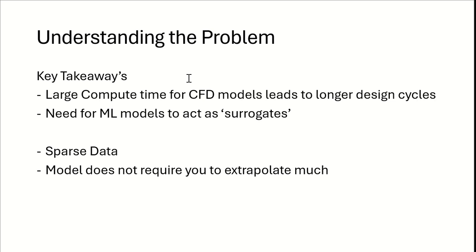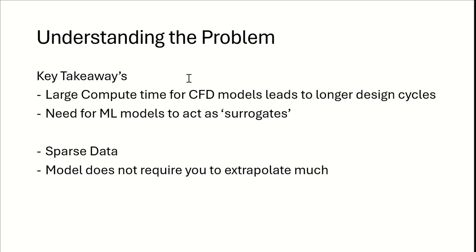The second part of the problem was to write an optimization algorithm to find the right combination of inputs to get the maximum surface area, which would lead to the most heat transfer for the heat exchanger. So that was the optimization part, which would take your model's predictions and generate the optimal design for that heat exchanger.